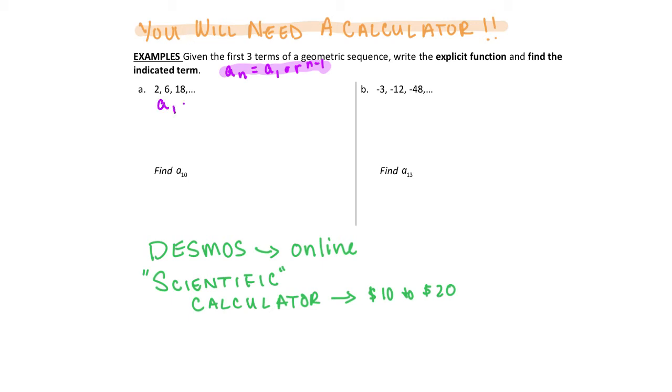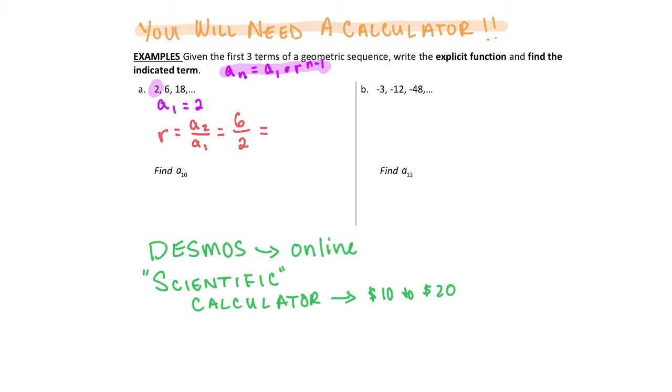Our a of 1 is going to be 2. That's that first number. So this is a of 1. To find r, remember, we take that second term and divide it by the first term. And this is when we know it's geometric, and we've been told it's geometric.